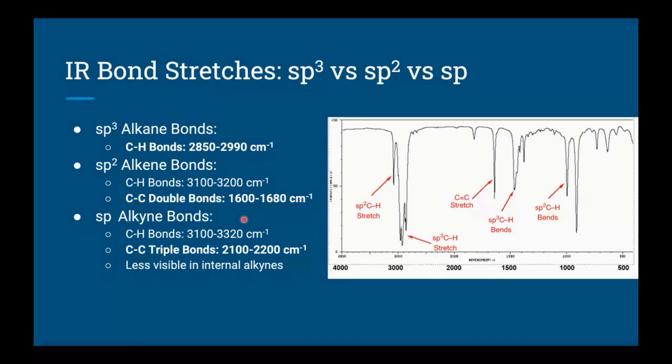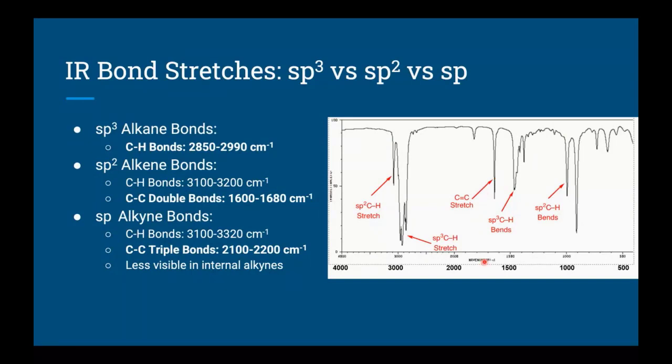In addition to that, you also have sp, so those alkyne bonds are a little interesting. You'll see them also around 3100, so they're a little later than sp2 bonds. But the main one that you want to look out for is those carbon-carbon triple bonds.